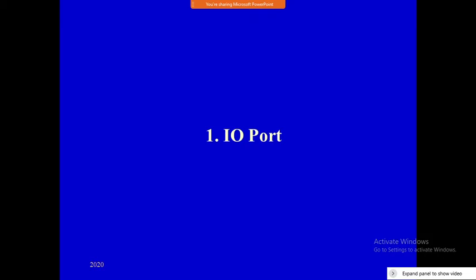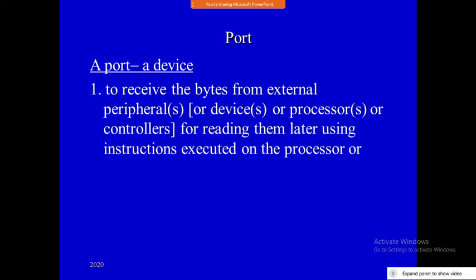First we have to get to know what a port is. A port is a device to receive bytes from external peripherals, devices, processors or controllers, for reading them later using instructions executed on the processor.